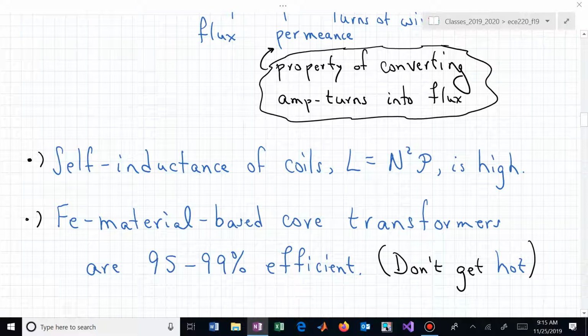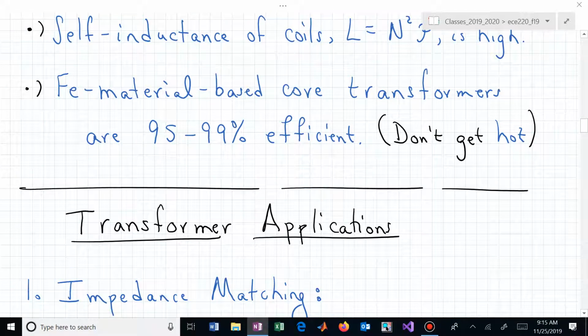But now we're much more efficient with our computing equipment, and so we don't have so much heat being generated. So now everybody has their little plug-in heaters near their feet to stay warm in the ECE building. Anyway, we don't get hot with these transformers, and we don't stay very hot in the ECE building.